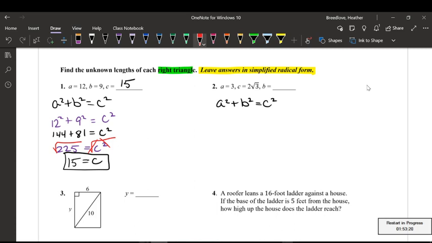And this time make sure that your c goes in the right spot. So a is 3, so 3 squared. I don't know what b squared is. And that equals c squared, and c is 2 times the square root of 3, so that whole thing is squared.